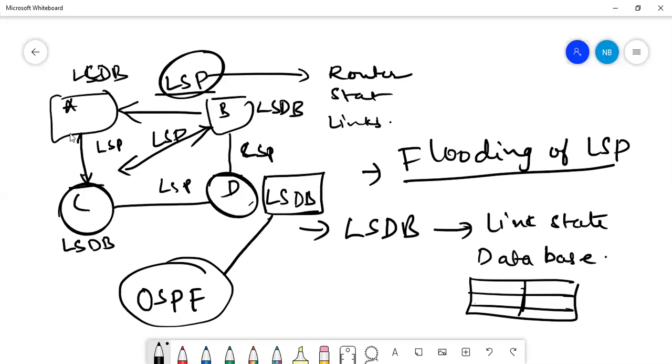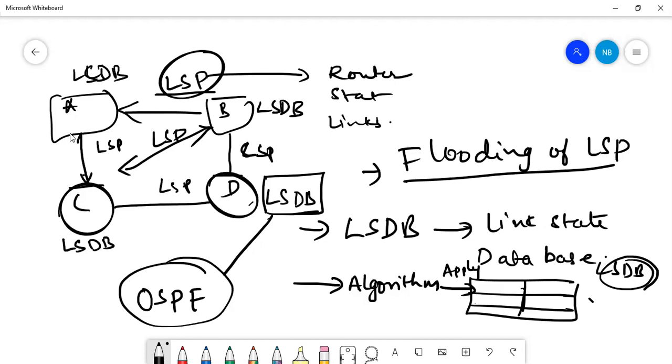After that, we are trying to find the route. When we apply a particular algorithm on the LSDB, the link state database, then we will find the shortest route to travel.